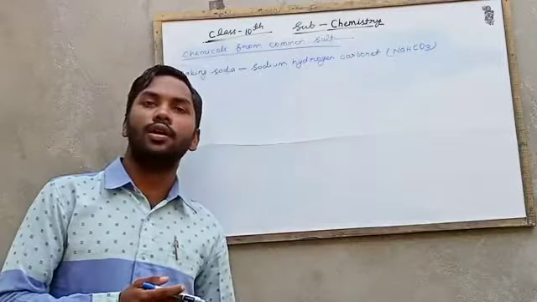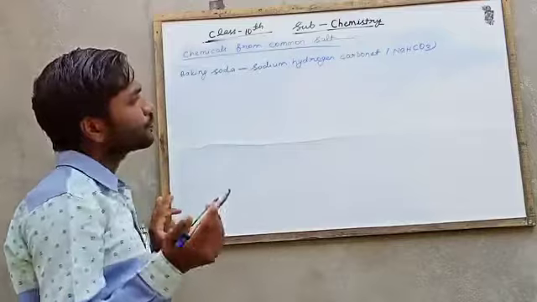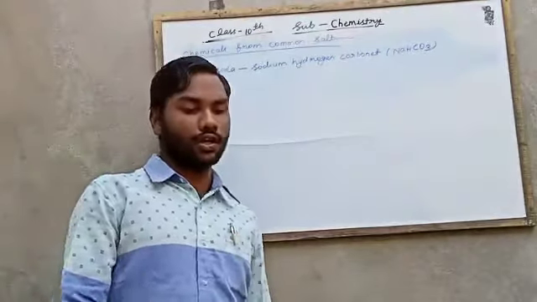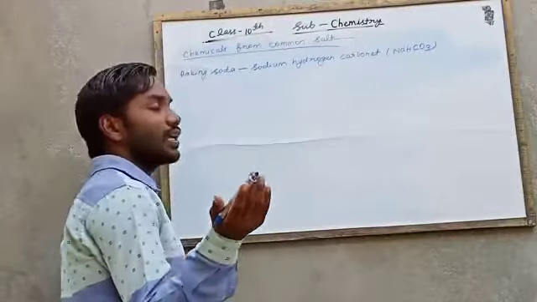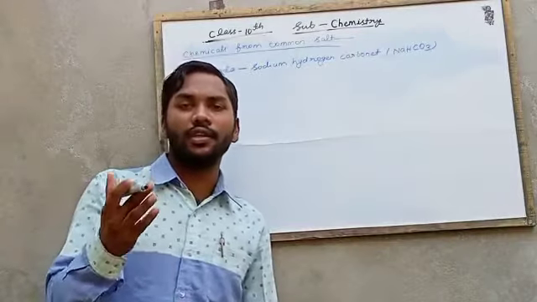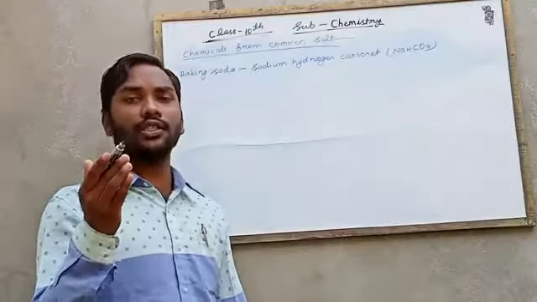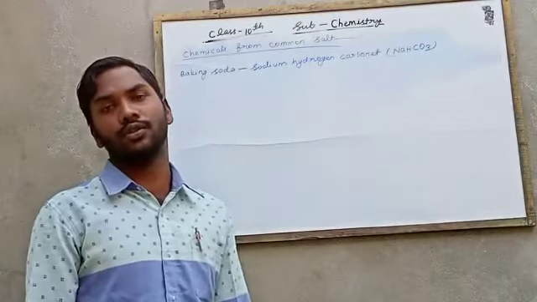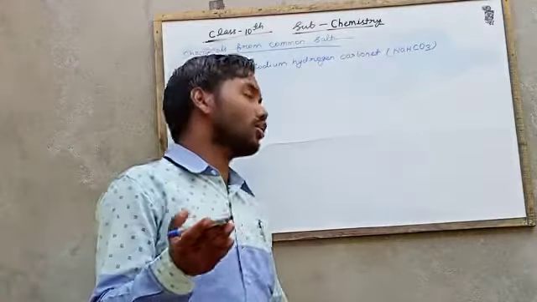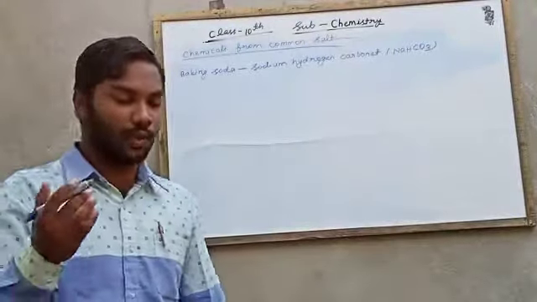When carbon dioxide gas is passed through a saturated solution of washing soda, sodium hydrogen carbonate or baking soda is formed.